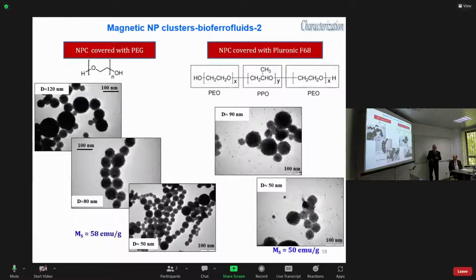Also further, with various functionalizations specific for biotechnology and nanomedicine, hyaluronic acid coating, for example, or polyethylene glycol coating, which are very good for such kind of applications.